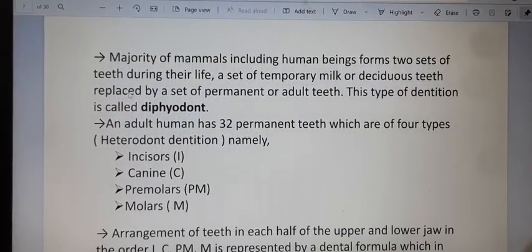Then the majority of mammals, including human beings, form two sets of teeth during their life. One is the set of temporary milk teeth or deciduous teeth, and these teeth are replaced by a set of permanent or adult teeth. Because there are two sets of teeth in the life cycle of human beings, this type of dentition is called diphyodont.